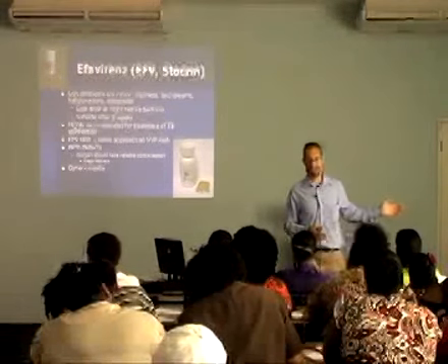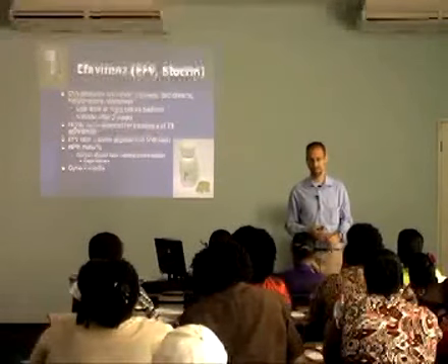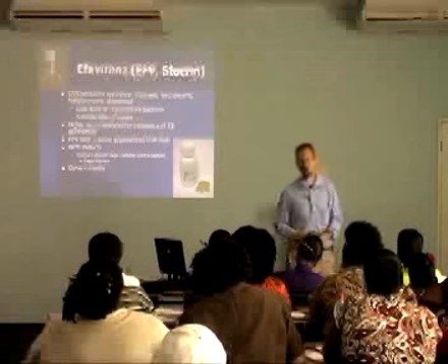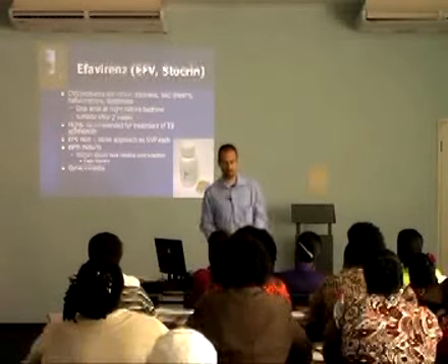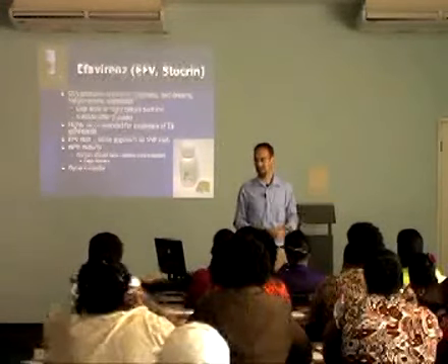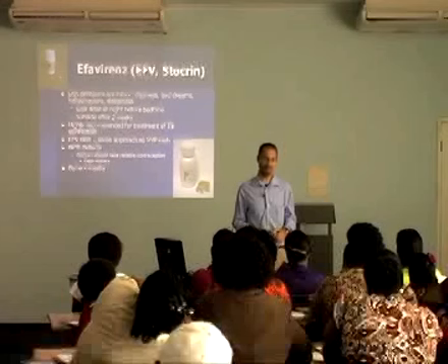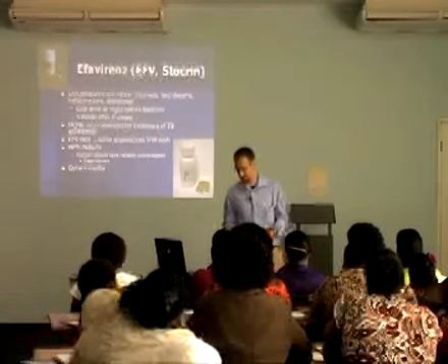So there's no reason not to take Stocrin after the first trimester. There's growing evidence and many reviews of the literature showing that it may not cause many birth defects, and if it does, the incidence is extremely low. Extremely low.